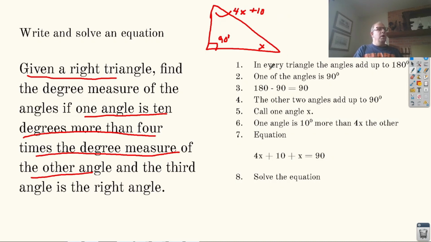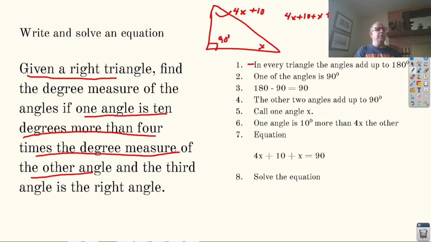So every triangle adds up to 180 degrees, we remember that. That means 4x plus 10 plus x equals 90. No, 4x plus 10 plus x plus 90 equals 180.